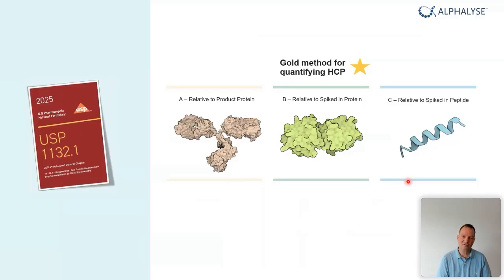The other two methods, method A relative to the drug substance, it only works locally for this drug substance. Method C, it only works for pre-selected HCPs of concern. So of these three methods, the one in the middle is the most global one.